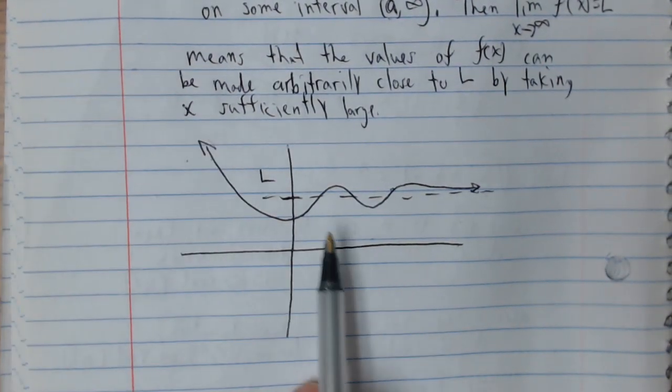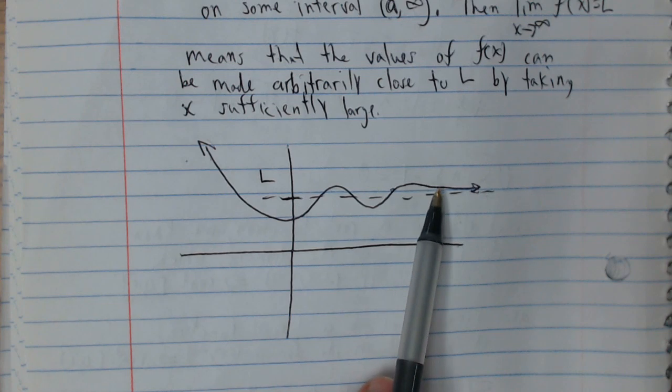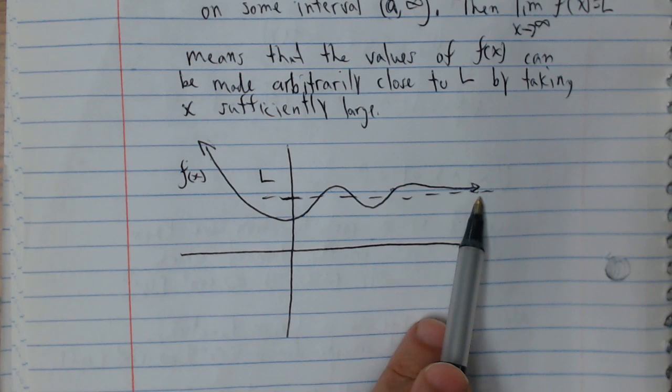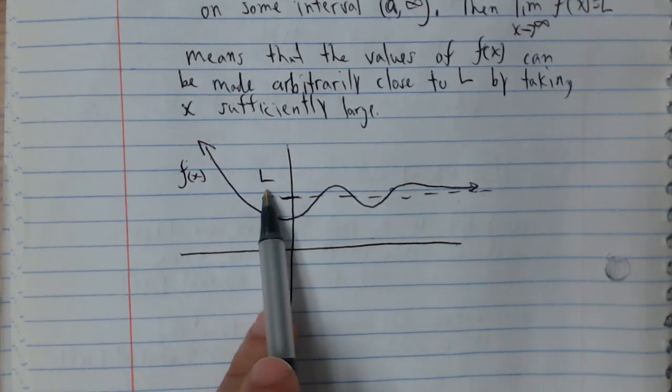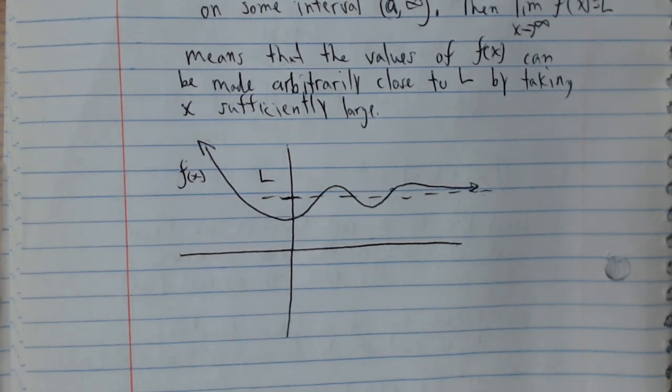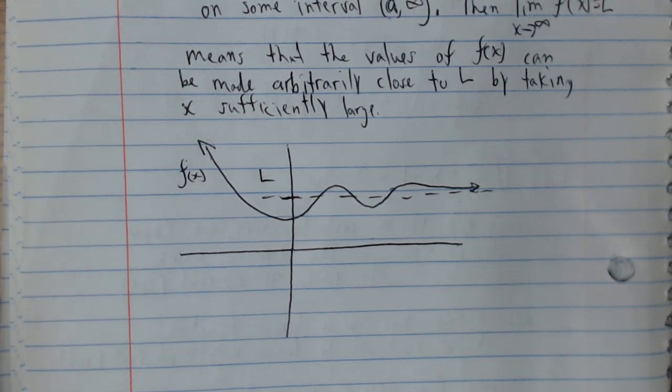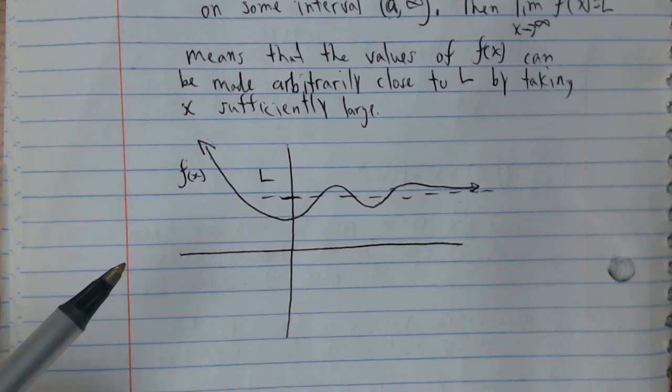So here you could see what's happening. As x becomes really, really large, f of x itself starts settling down to L, which in this picture, L is my horizontal asymptote. So you could see why this section is titled limits at infinity and horizontal asymptotes, because technically speaking, if we have a horizontal asymptote, that means as x goes to infinity, our function settles down to that horizontal asymptote.